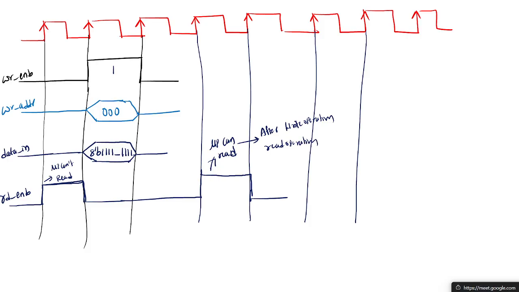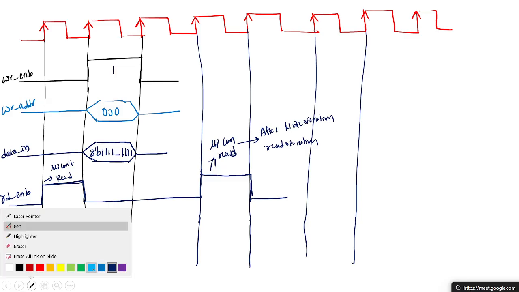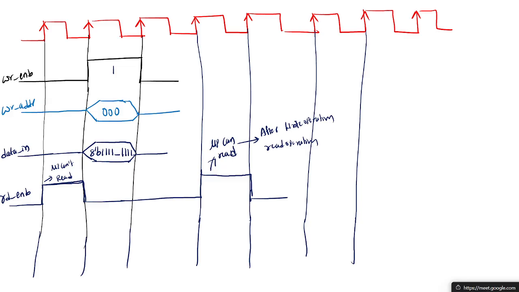Here you need an address, no? I made the read enable equal to 1, but I need to identify the address of that data. This is provided by read underscore address.